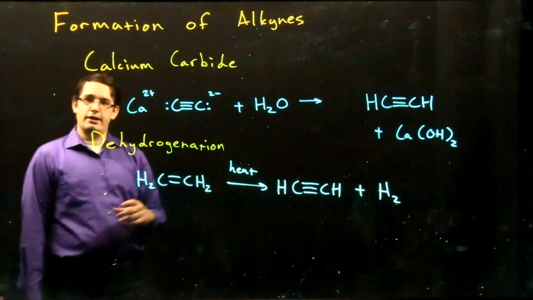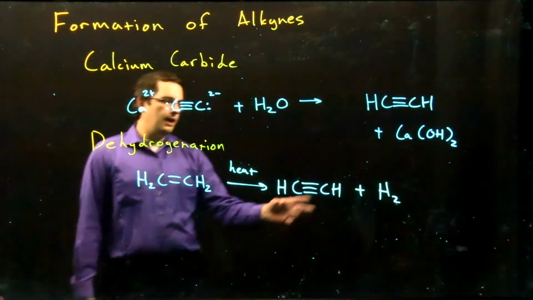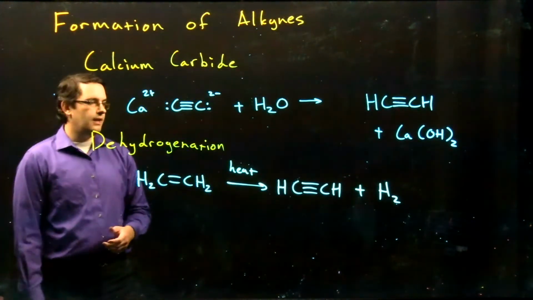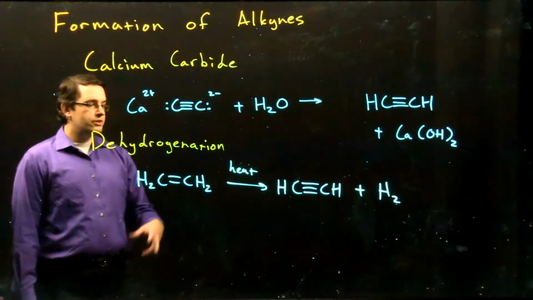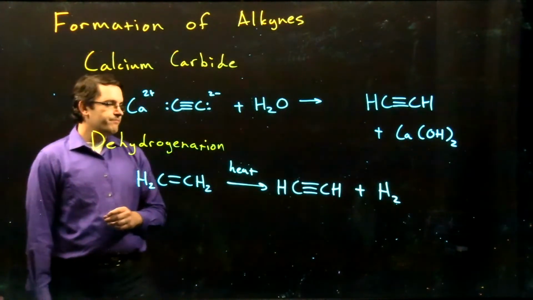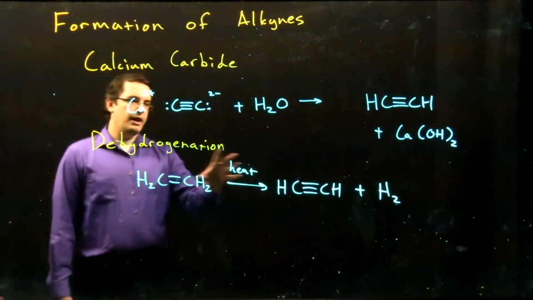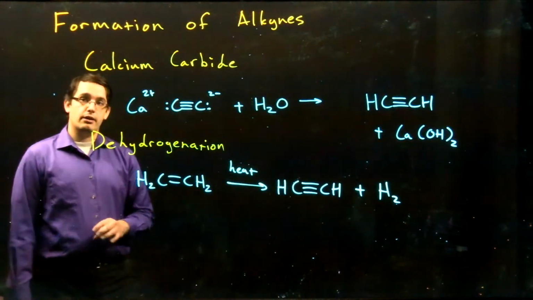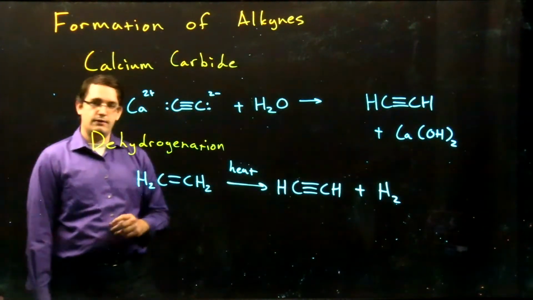It requires a high degree of heat. It's usually only done in industrial settings, but again, it can allow us to produce acetylene in relatively large quantities. You could potentially try to produce other alkynes here as well, but the issue that you would have then is that you might have dehydrogenation occurring at other points in your molecule besides just where you want to form your alkyne.